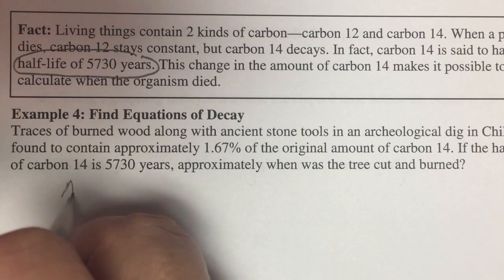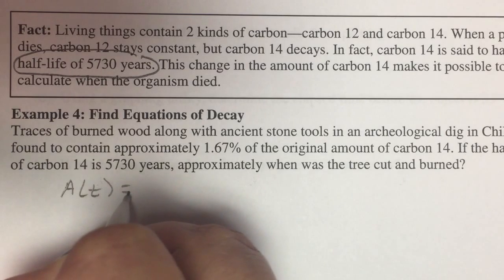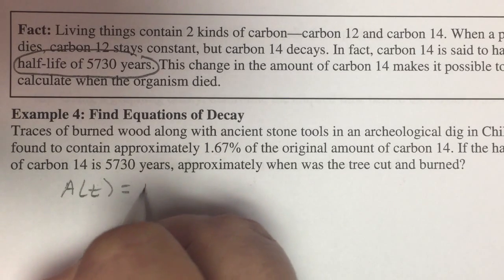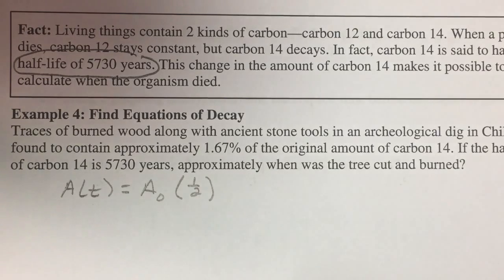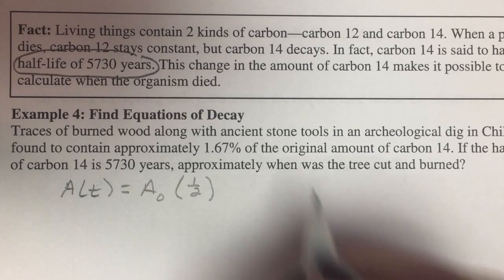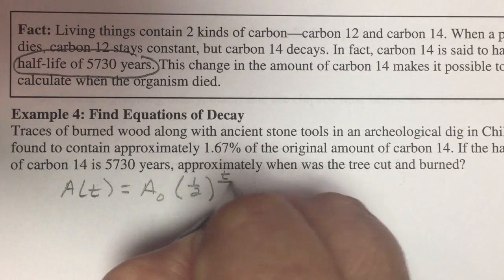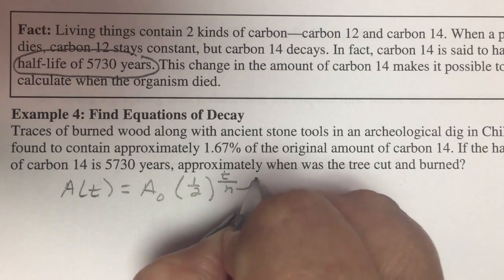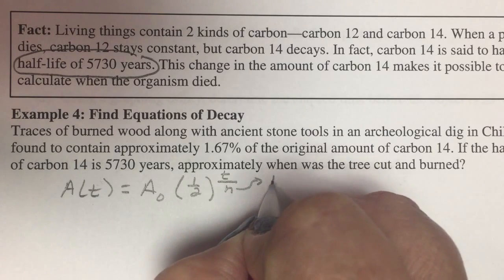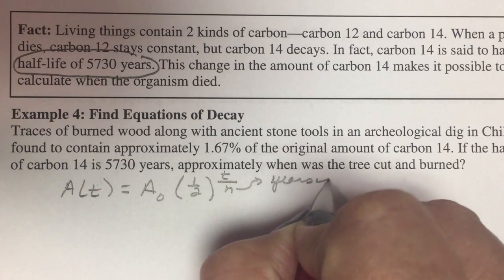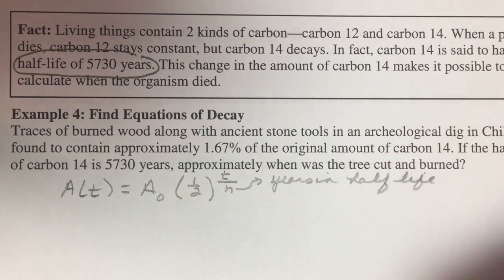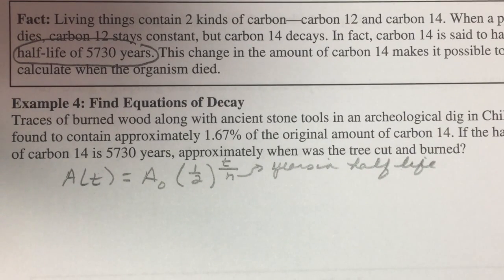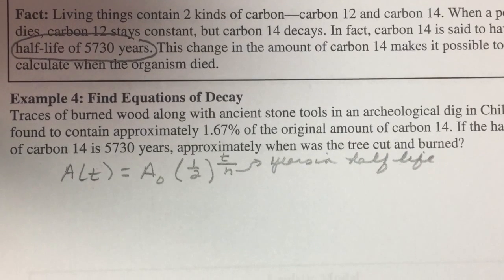In this case, it's going to be A sub t is equal to A sub 0 times your base, which is 1/2. It's always 1/2 for a half-life problem. And then you're going to have t over h, where h is the years in a half-life. So in this case, our h is going to be 5,730. Now watch how this works.